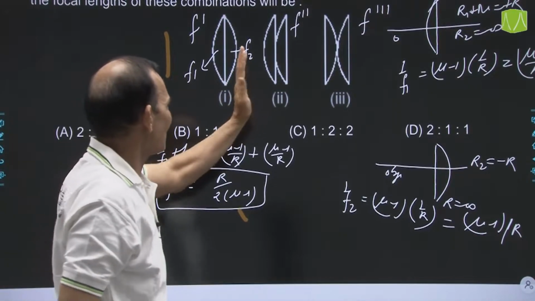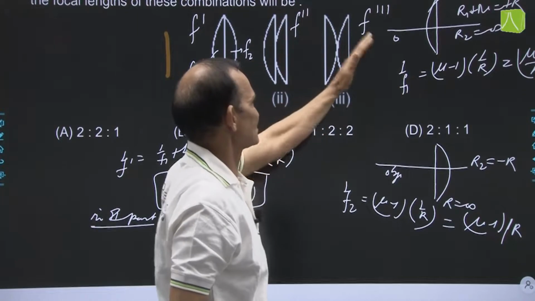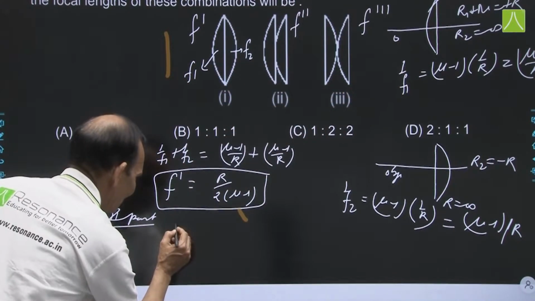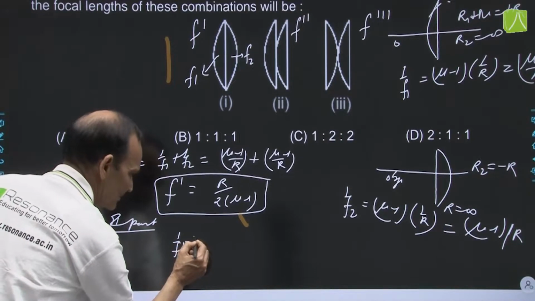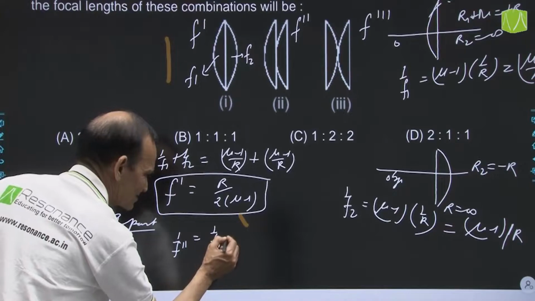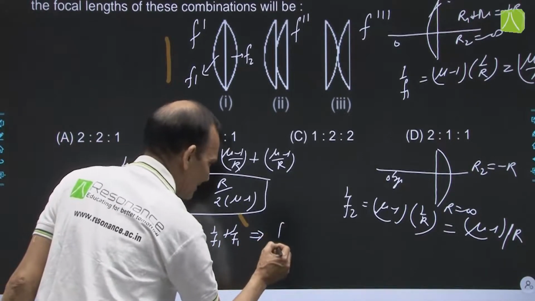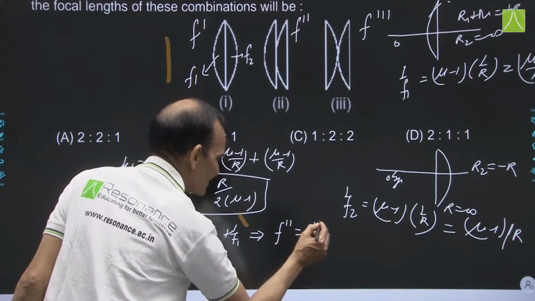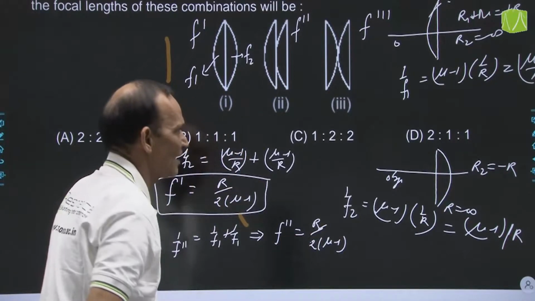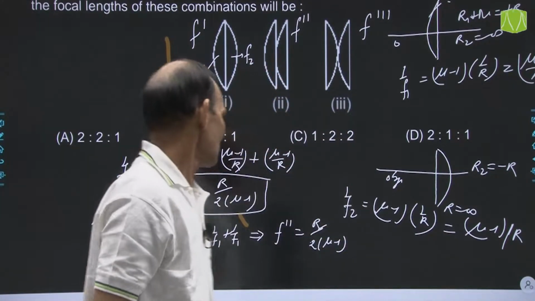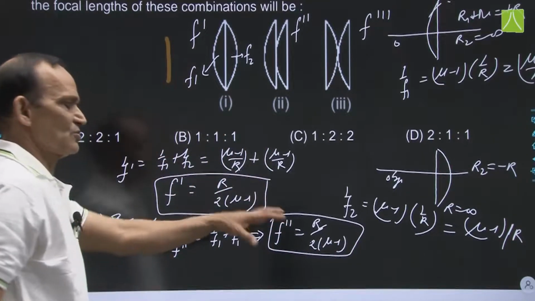This is the combination of two lenses. 1 upon f double dash will be equal to 1 upon f1 plus 1 upon f1. Again solve it. The value of f double dash will be again r upon 2 times mu minus 1, because f1 and f2 are equal. So think about this portion and this portion, they are equal. f dash equals f double dash.